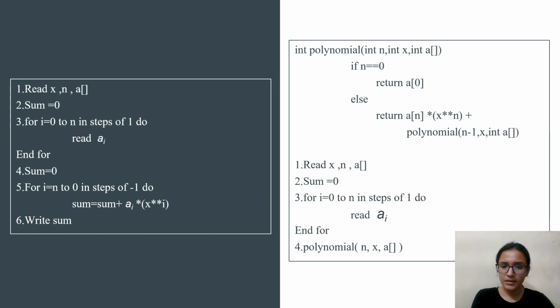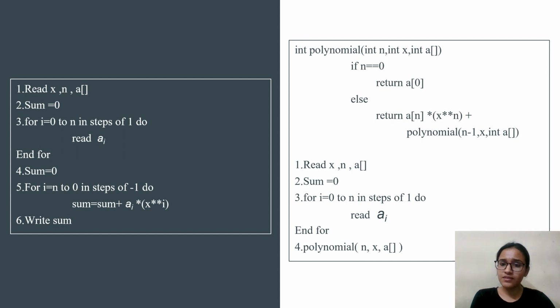Otherwise, we will compute the value of the polynomial recursively by computing the value of the current term, multiplying the coefficient with x raised to the degree of the term, and then adding the function called by passing the parameters n minus 1, x and array a.